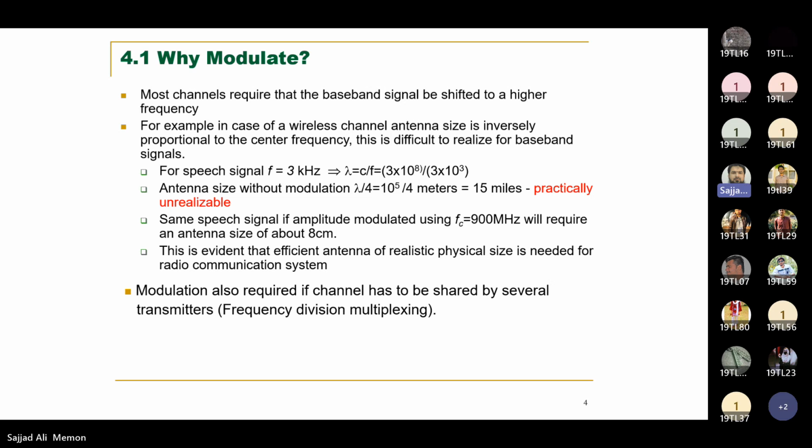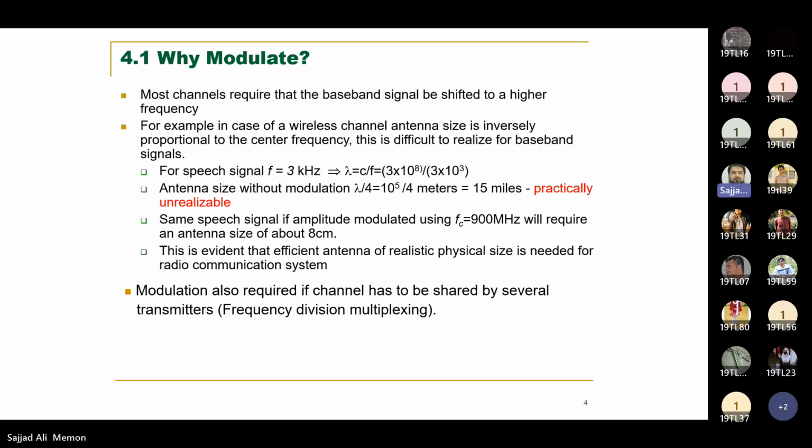For example, in case of a wireless channel, antenna size is inversely proportional to the center frequency. And this is difficult to realize for baseband signals. Baseband signals are typically frequencies in kilohertz, which means the frequency is low, so the antenna size will be very high.